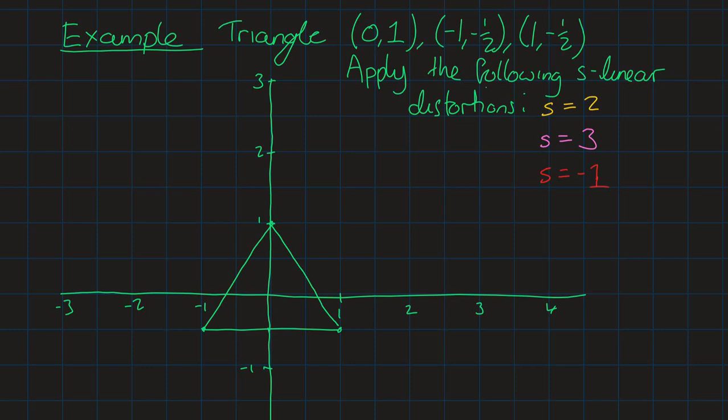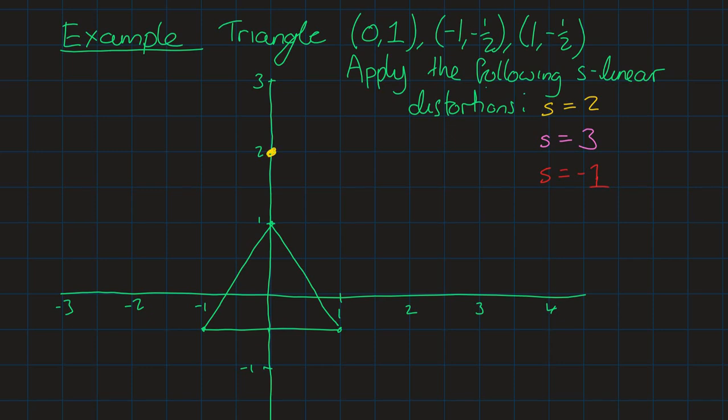All that means is every point you treat as a vector, and then you apply a scalar factor of 2. So this point right here, the point (1, 0), when you do a 2 linear distortion, gets mapped to the point (2, 0).